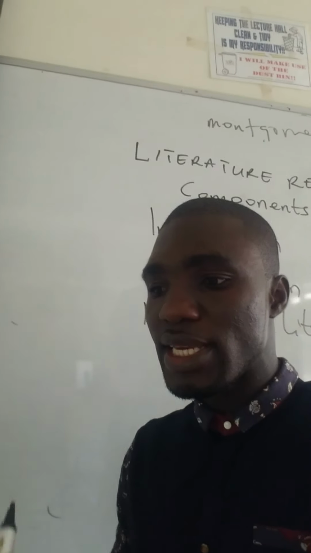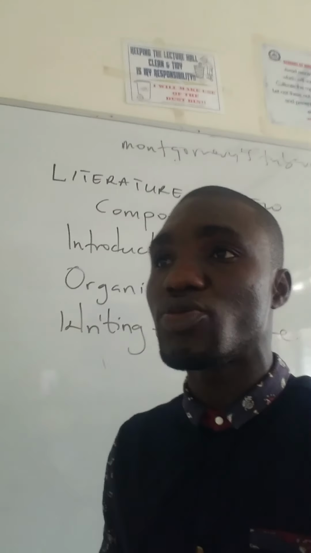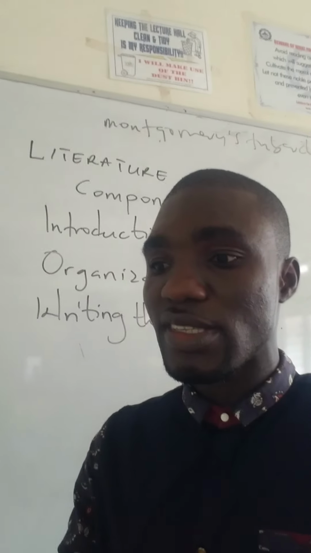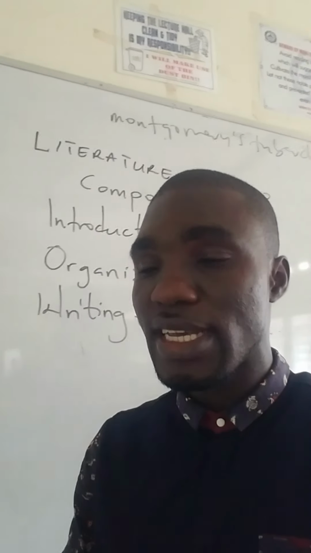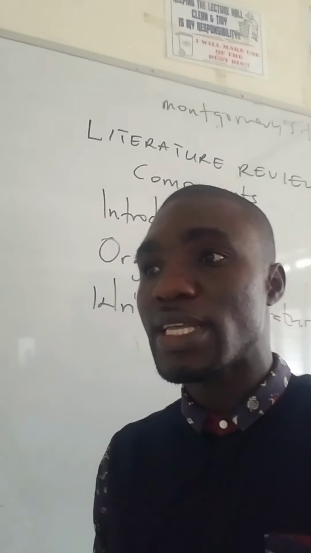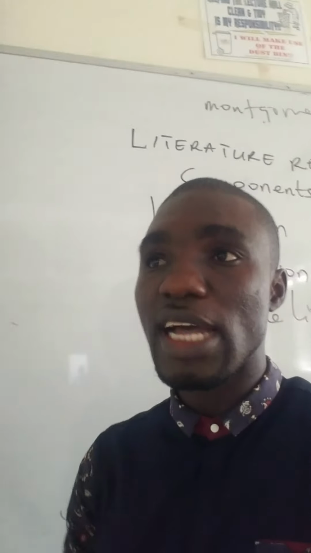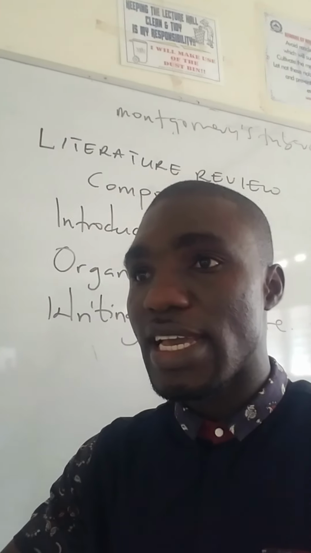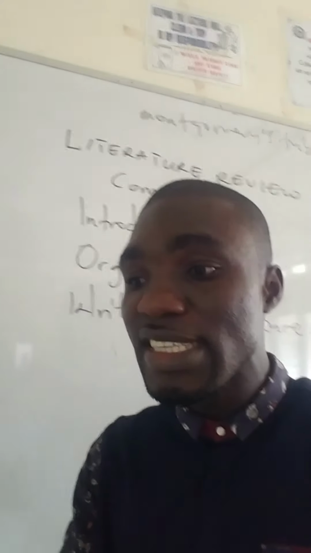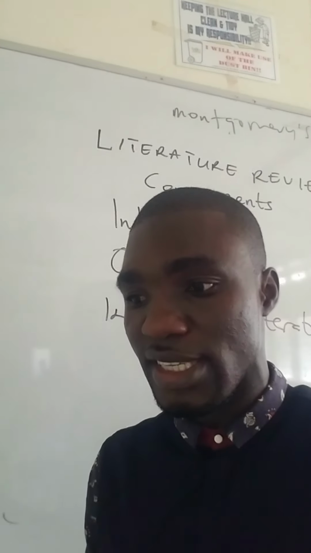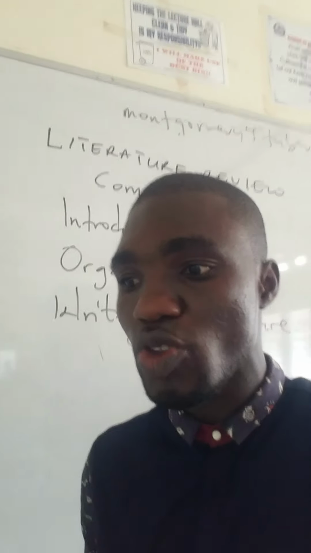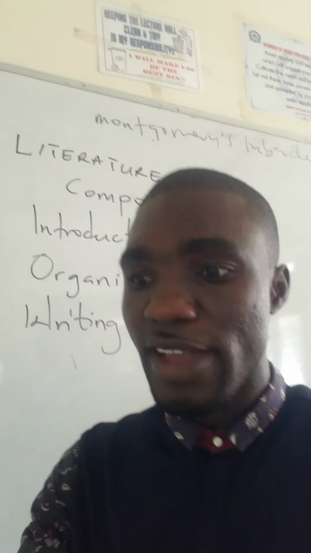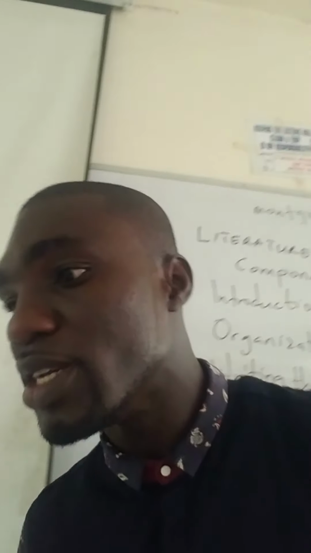Comparing this with the first one we read, we can see that this person has omitted several of the things that we talked about. The search engines are missing in the introduction, and the keywords are also missing. So there are several aspects that are missing in this introduction.